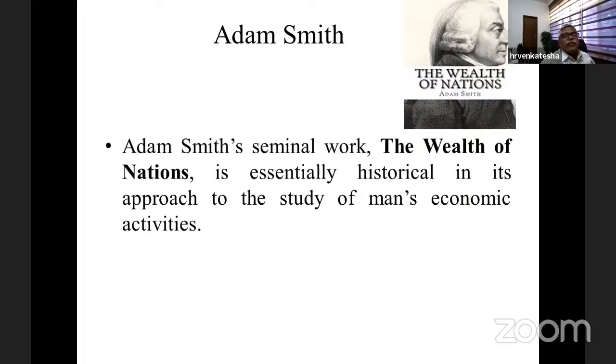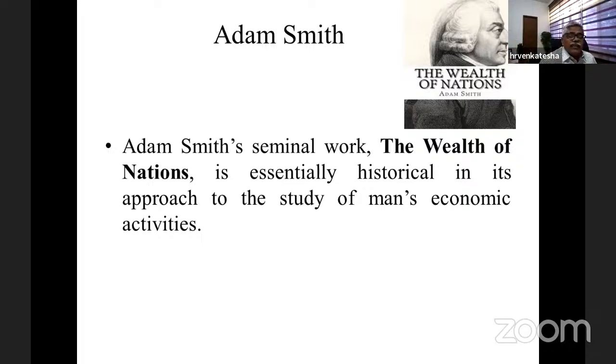I think Adam Smith is one of the earliest proponents of free economy, of liberal economy, and of competition. What he writes in the book Wealth of Nations is how East India Company, a monopolistic company, was ruining the Indian economy and elsewhere in the world.